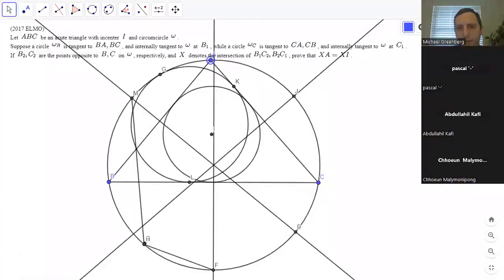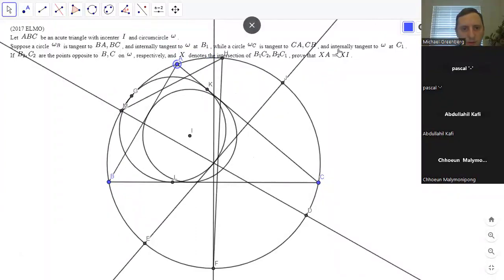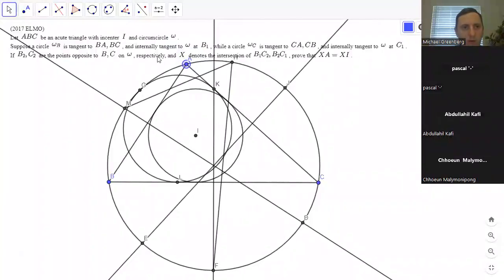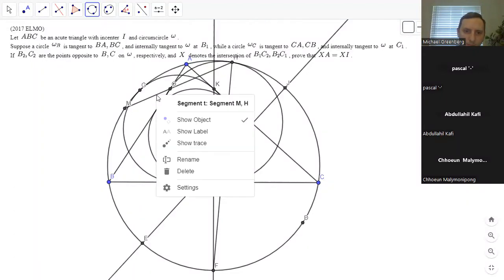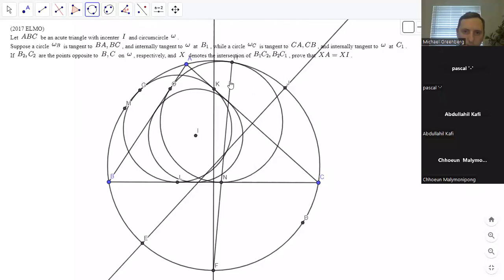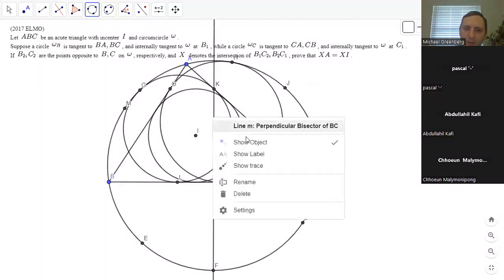What just happened? I want H and this point and this point. There we go. Okay. And those are the two mixtilinear incircles. And it took a long time to do it, but I did it.